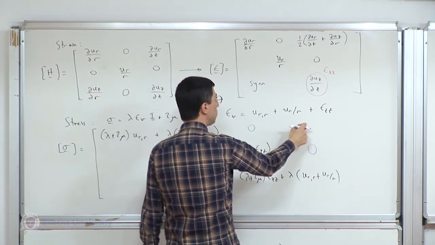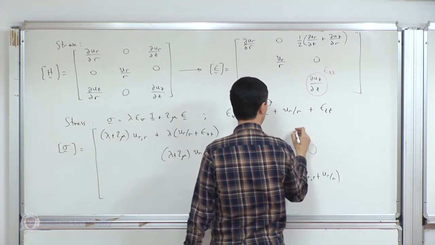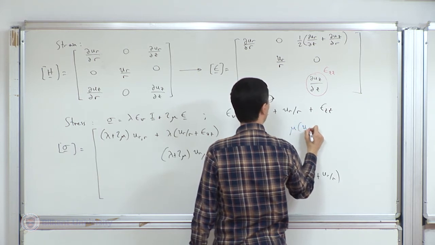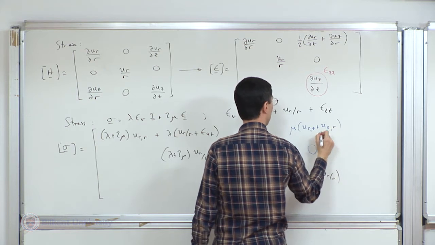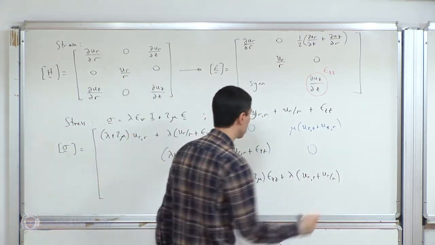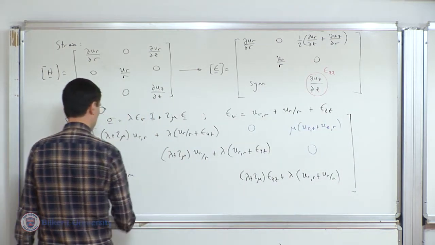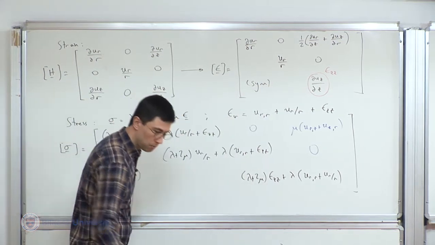But sigma zr or rz is, of course, not 0. It's 2 mu times that, or it's equal to mu times ur comma z plus uz comma r. And that's the stress. And of course, it's symmetric, just like the strain.